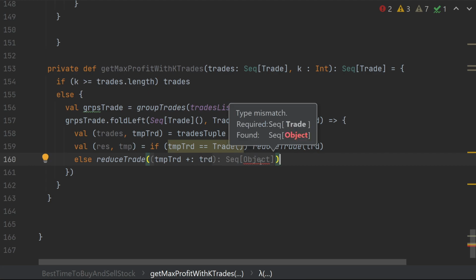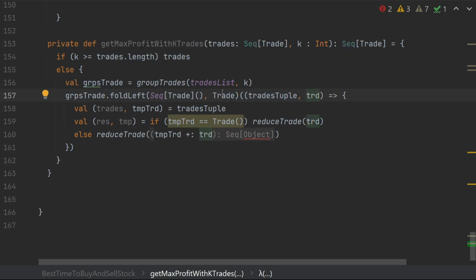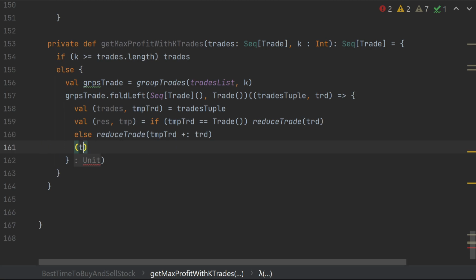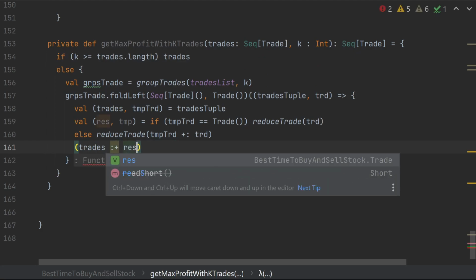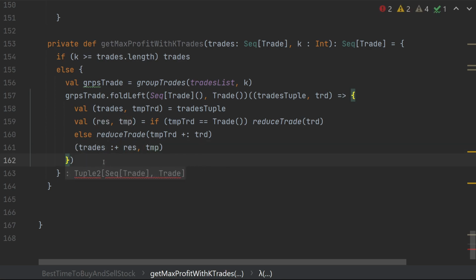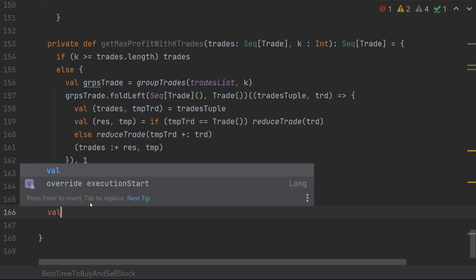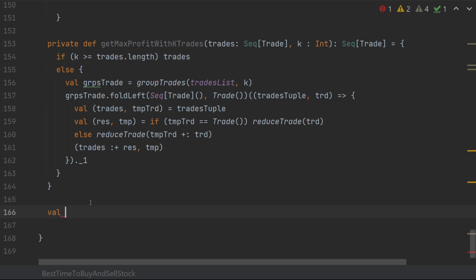So now, what we have, this trade. All right, so this has to be an object, a value. Now it is going to return something which will make more sense, that is trades, and then we will append the result, and we are going to return the temp. All right, so now this is a tuple, but we are interested in the first value only. So this implements the entire value for the max k trades, or the max profit for k trades.